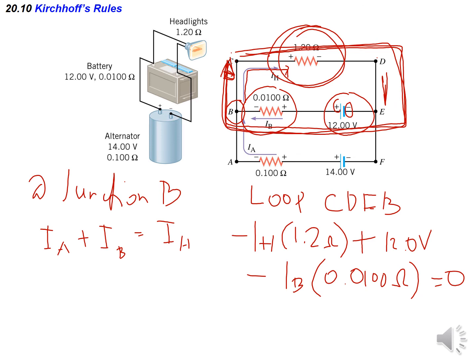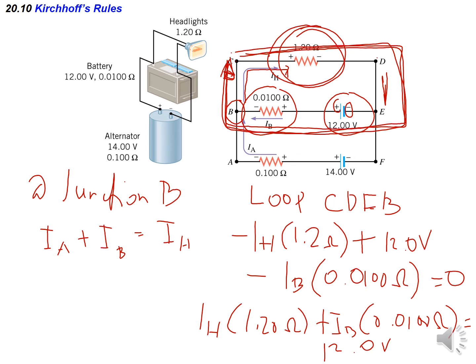In this case, we can simplify this equation. It can be simplified as IH multiplied by 1.20 ohms plus IB multiplied by 0.01 ohms is equal to 12.0 volts.